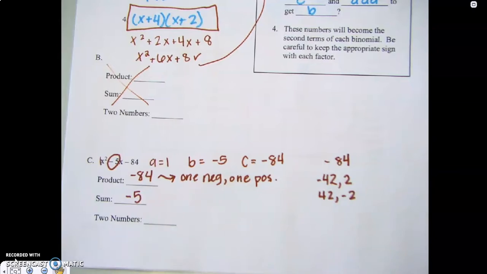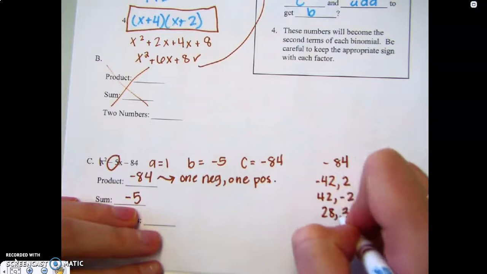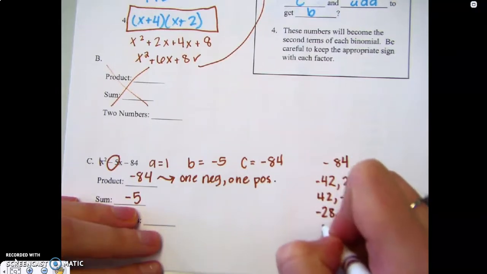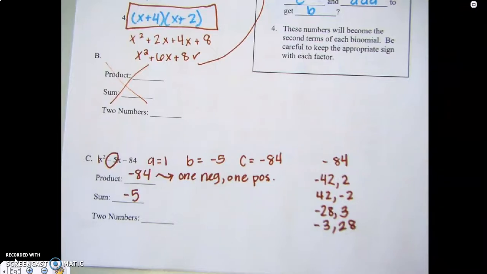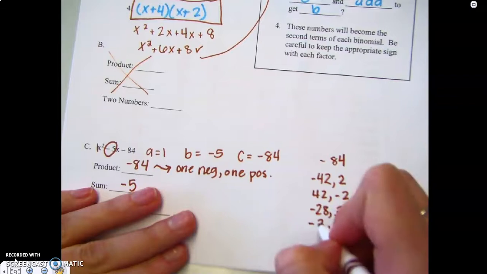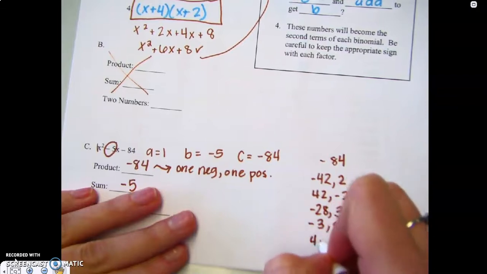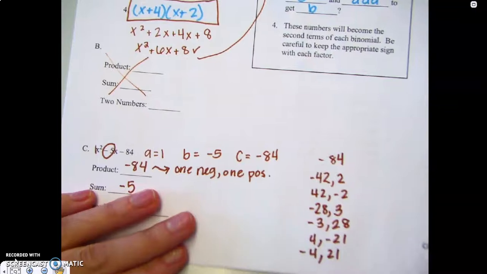84 divided by 3 is 28. So I can have 28 and 3, or I can have -3 and 28. Those don't add to be -5, so I'm going to keep going. 84 divided by 4 is 21. So I can have 4 and -21, or -4 and +21.